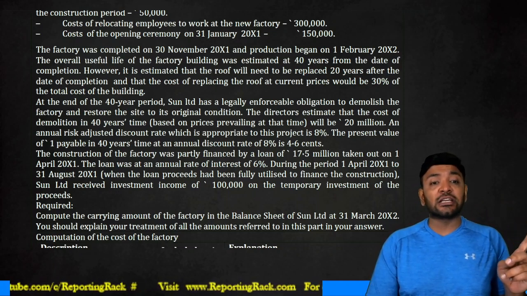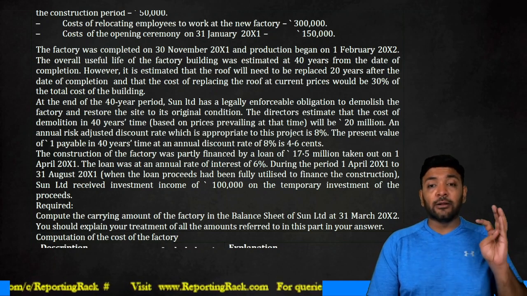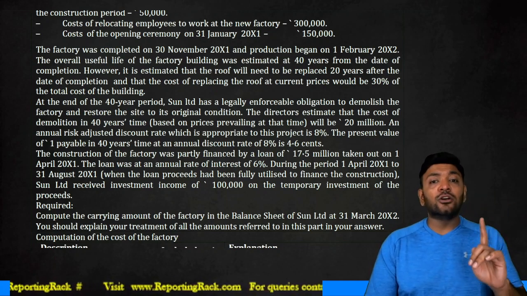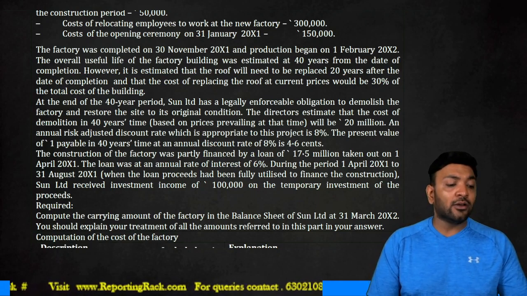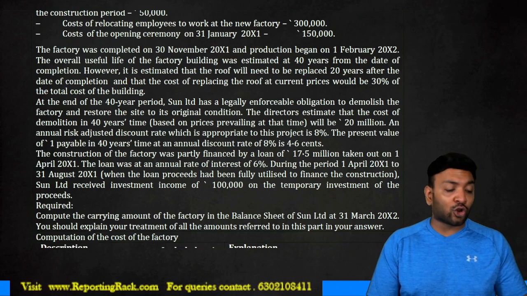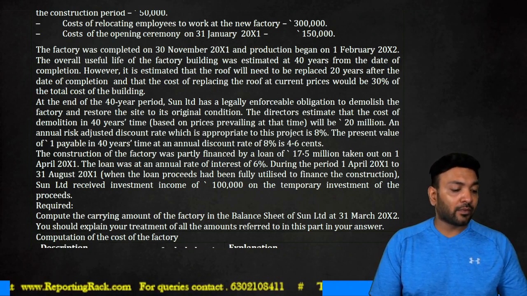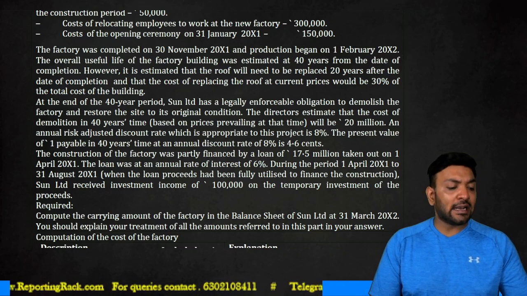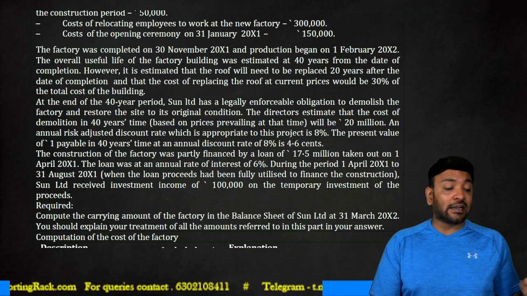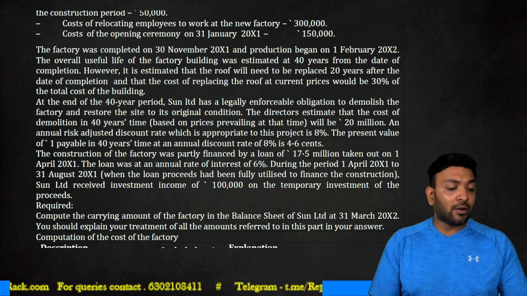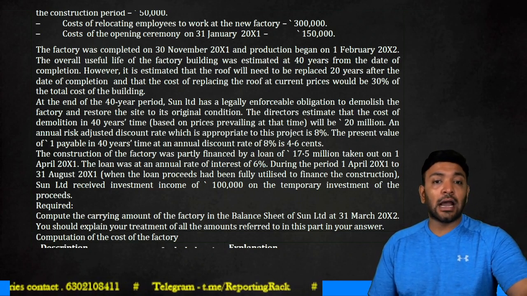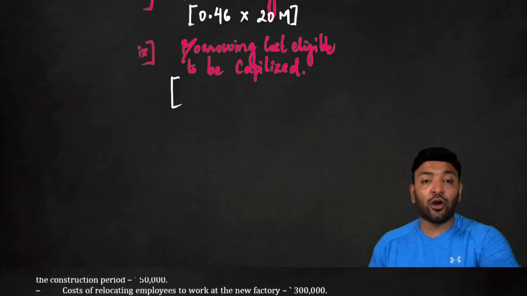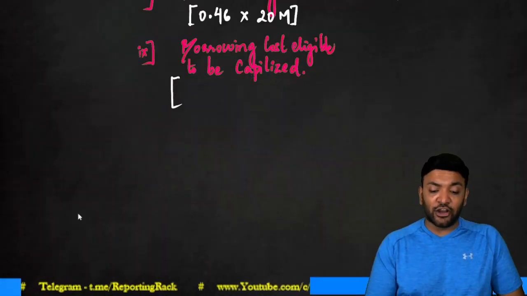And when did the construction complete? By the end of November. So April to November is the period, that is 8 months. How much is the amount? 17.5 million is nothing but 1 crore 75 lakhs. What is the rate? 6%. So annual interest is 10 lakh 50,000 multiplied by 8 by 12, which is nothing but 7 lakhs. However, 1 lakh is temporary investment income that you got, which has to be reduced.